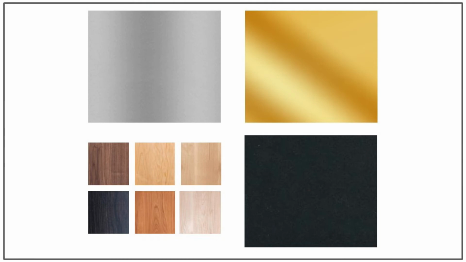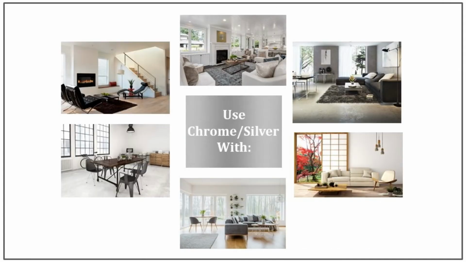Colors for hard surfaces generally include chrome or silver, brass or gold, various shades of wood, or black such as wrought iron. Chrome or silver looks best with contemporary, transitional, mid-century modern, industrial, Scandinavian, and Zen styles.